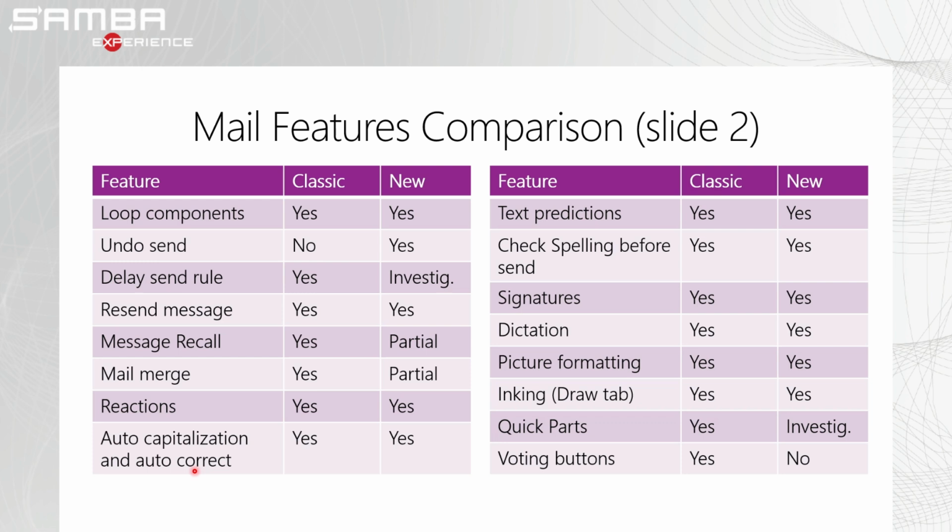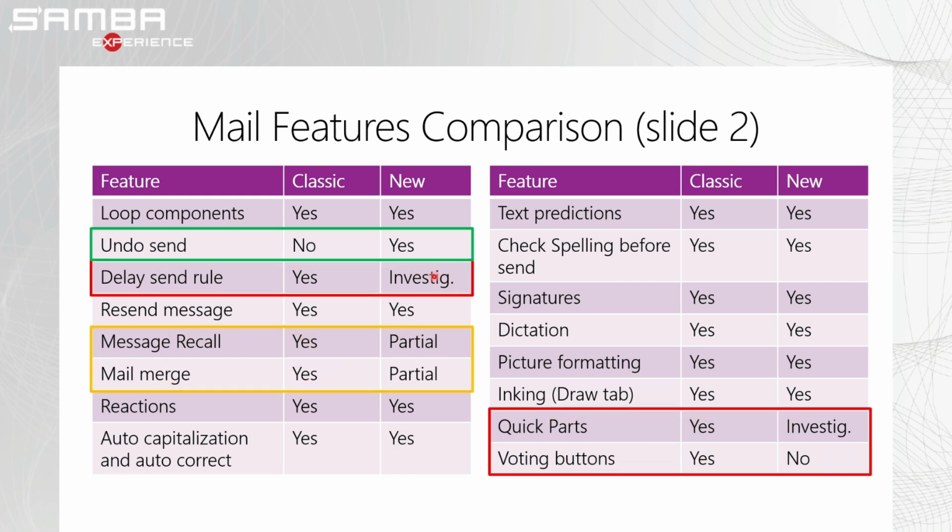And speaking of differences in implementations, undo send is unique to new Outlook, and message recall and mail merge are being brought to parity. Two things, delay send rule and quick parts are under investigation, and voting buttons is a feature unique to classic Outlook.